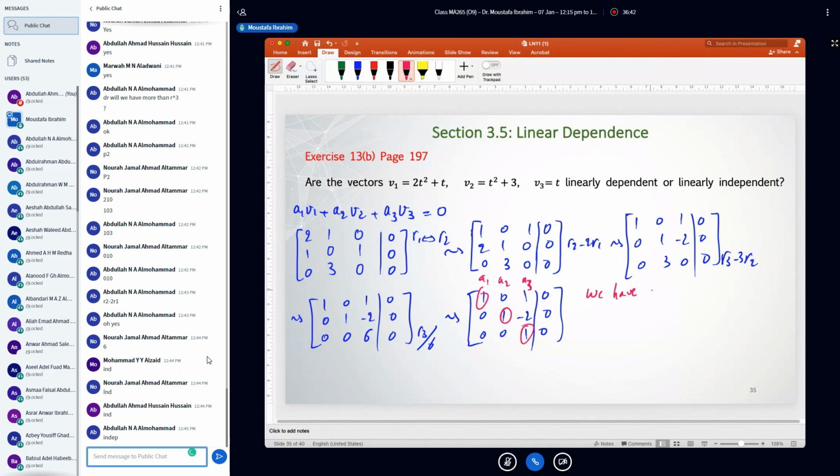We have the trivial solution, A1, A2, A3 equals 0.